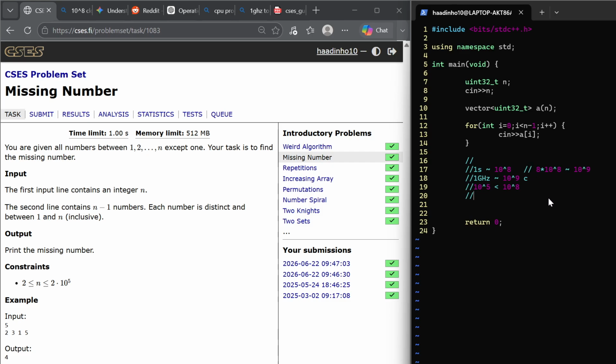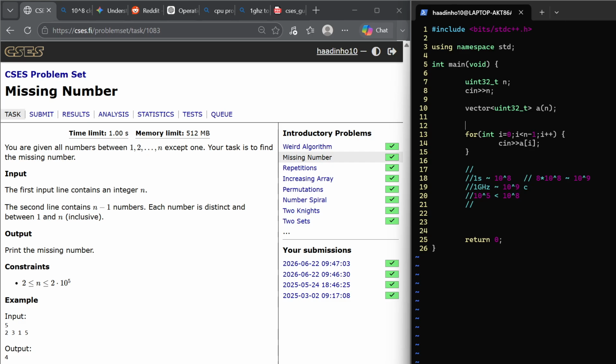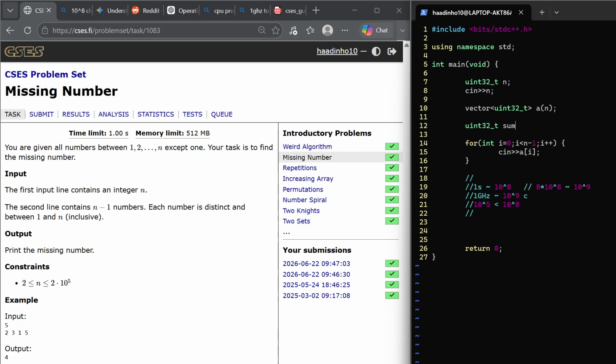We do have the luxury thanks to the constraints. So what I'm going to do is, over here, let me have something called sum, which is initially 0, and sum plus equal to a of i.